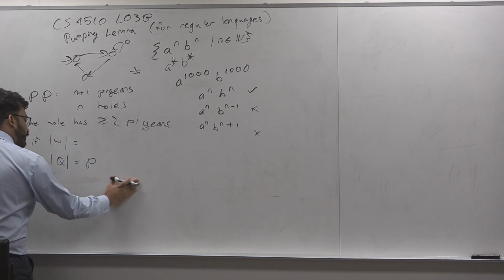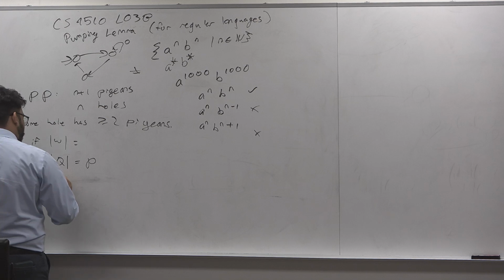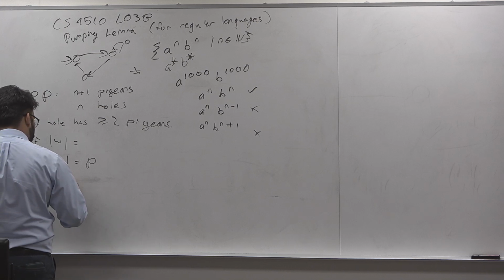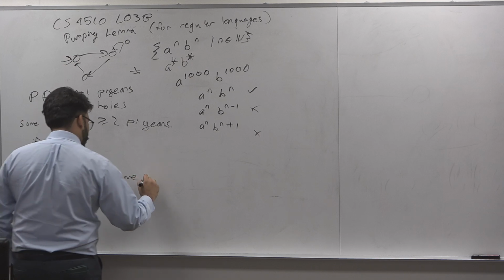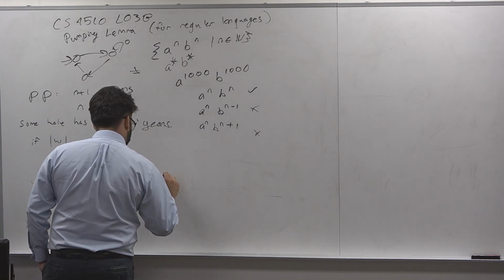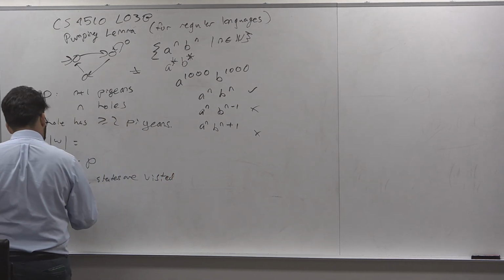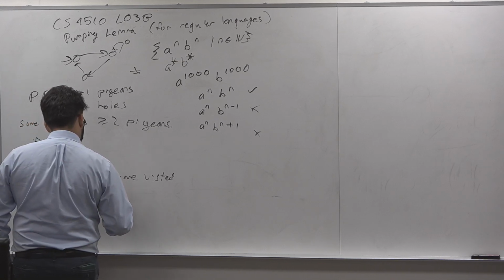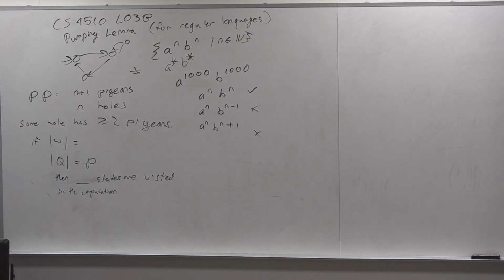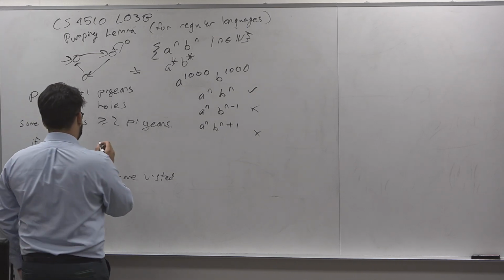Before we get to that, let's just say how many states are visited in the computation? At most, not perhaps at least, but at most. P is almost right, it's off by one.